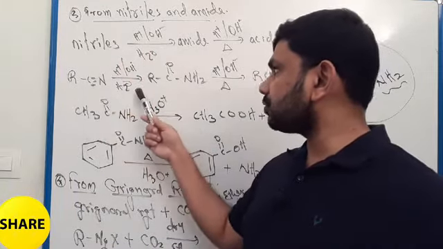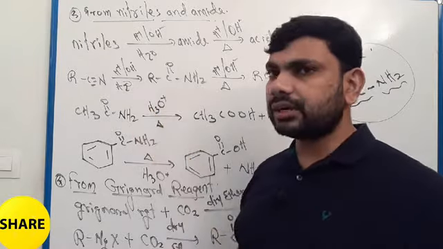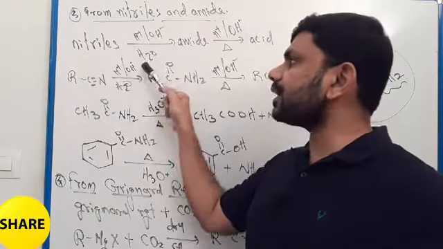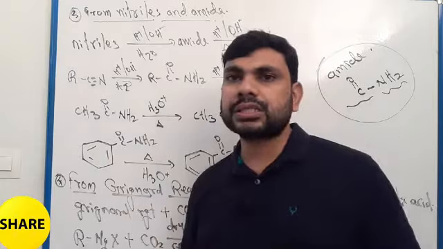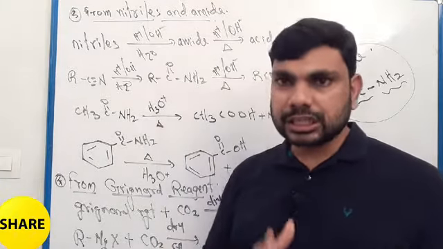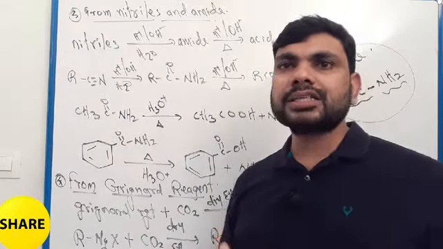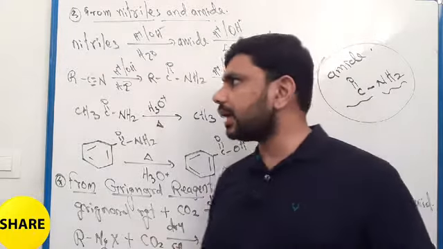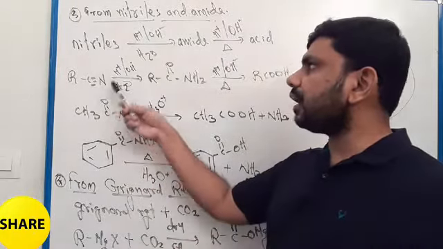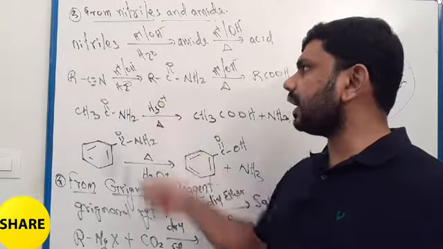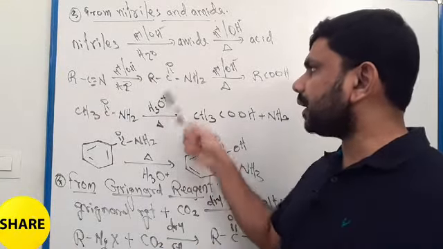Nitriles after hydrolysis: H plus means acidic hydrolysis and OH minus means alkaline hydrolysis. Nitriles after acidic or alkaline hydrolysis will change to amide.